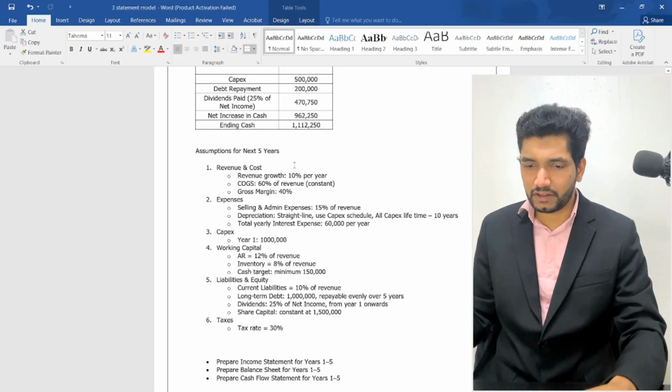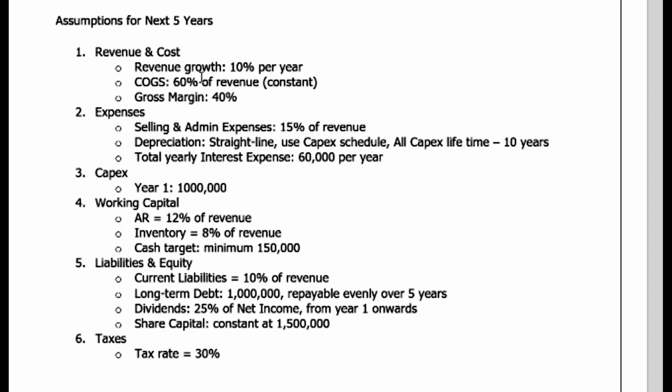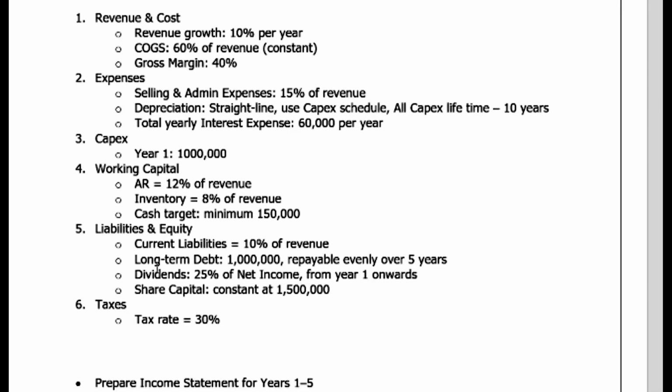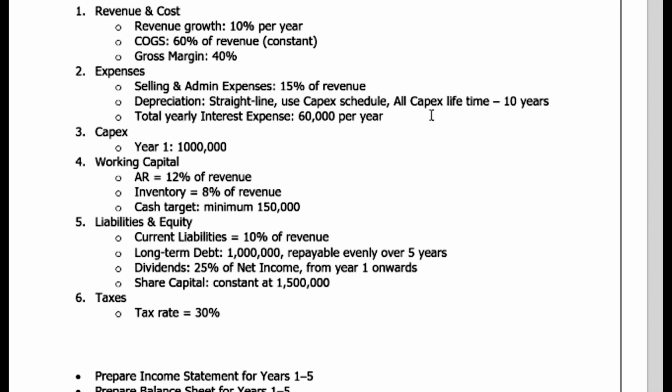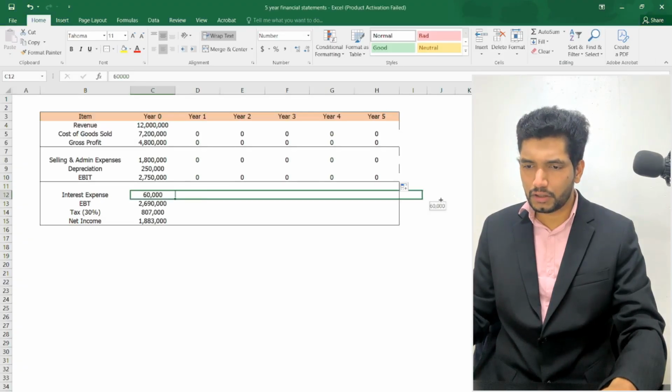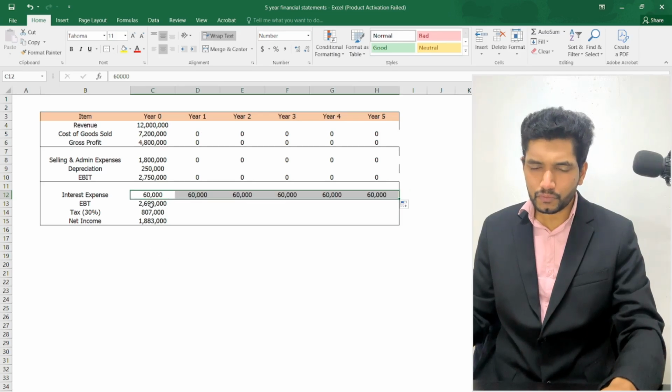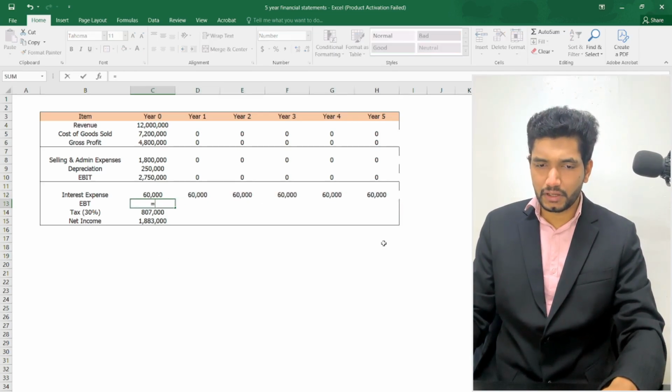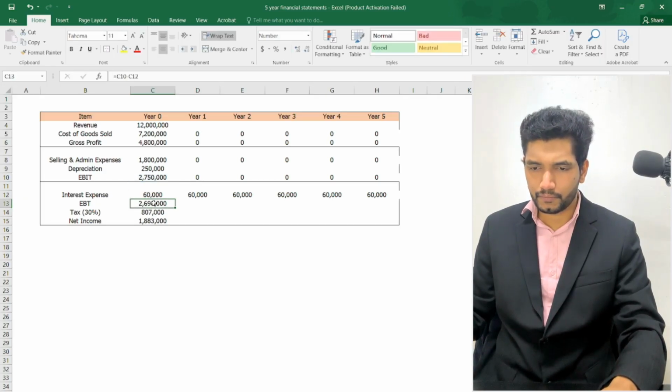So let's come to interest expenses. You can see the interest expense is 60,000. It is equal up to year 5. And my EBIT minus my interest expense, this is my EBT. I'm applying this throughout the years.